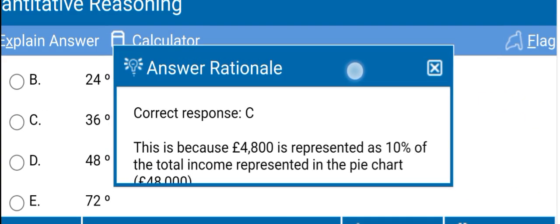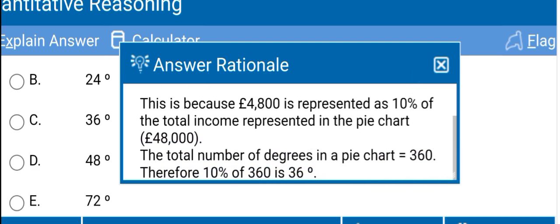This is because 4,800 pounds is represented as 10% of the total income represented in the pie chart. That is 48,000 pounds. The total number of degrees in a pie chart is equal to 360.